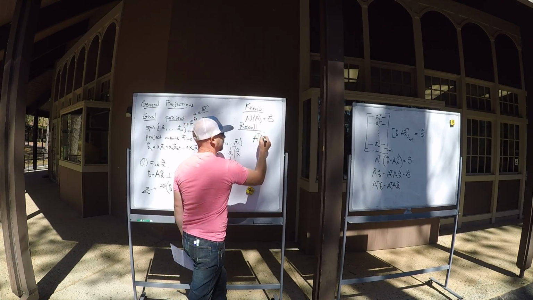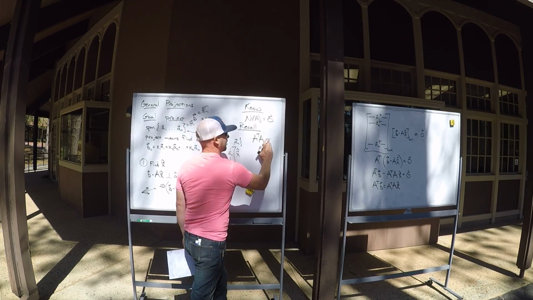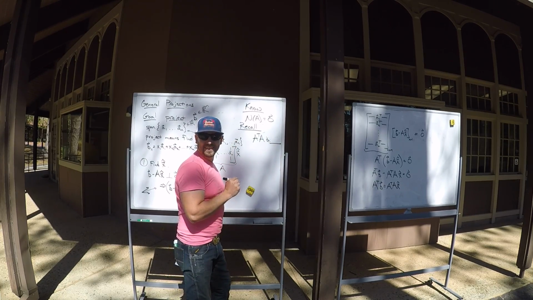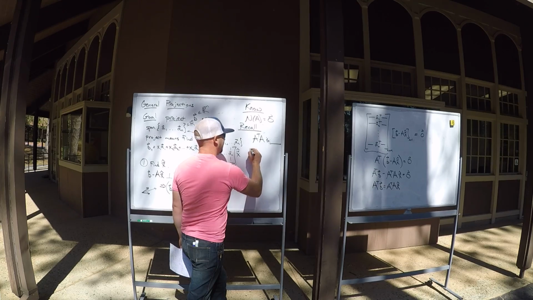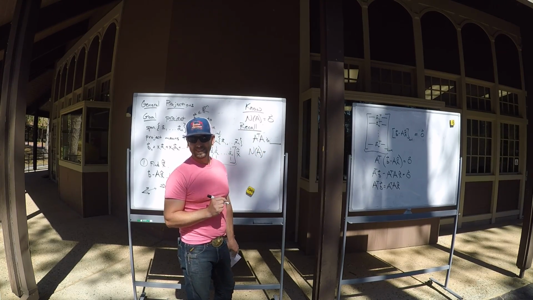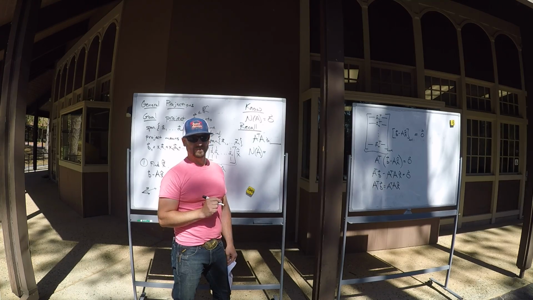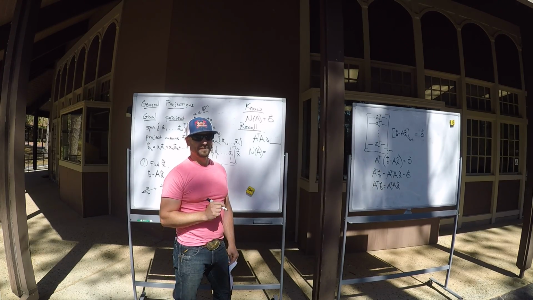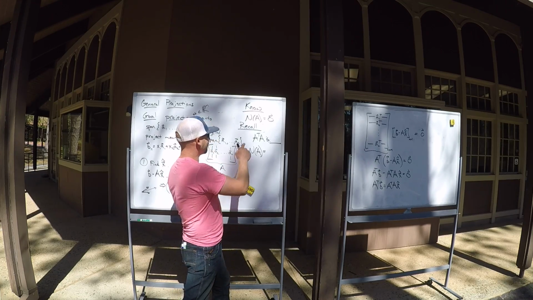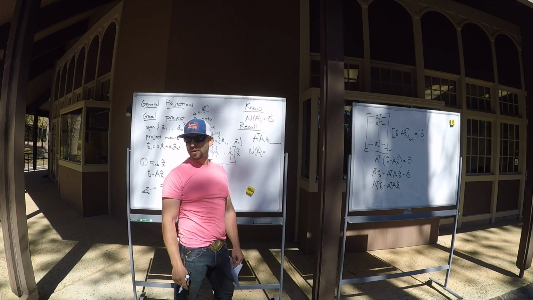A transpose A is something, and the null space of A is something. Can anybody tell me anything about the shape of A transpose A?